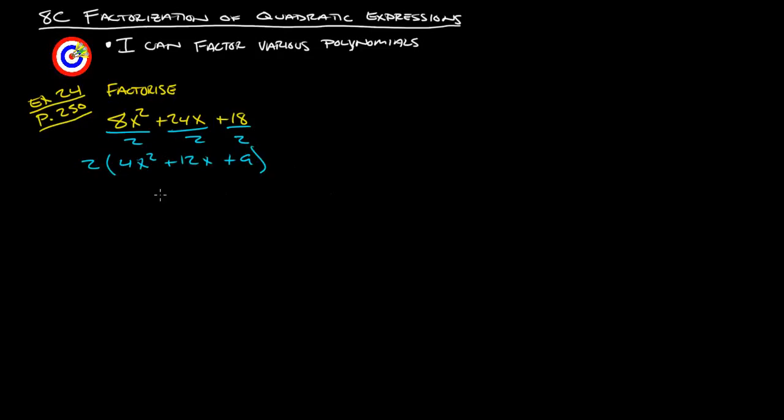So with this one here, what we're going to try to do is break this down as best we can. Okay? Now, this is a perfect square. The first term is a perfect square, and the last term is a perfect square. So then there's another nice little formula that we can use for that. Okay?